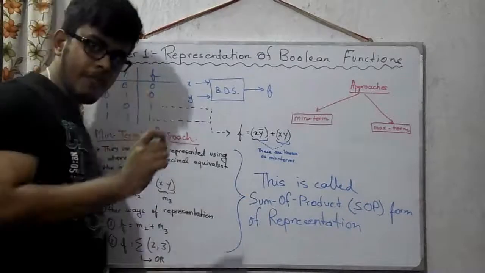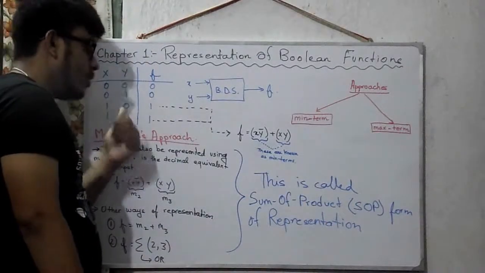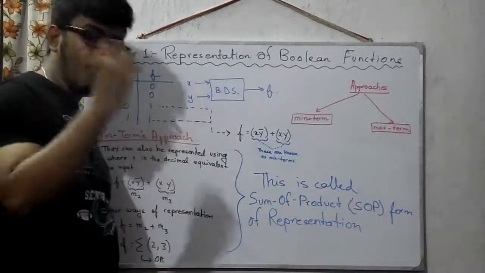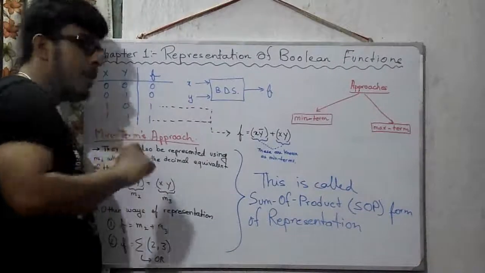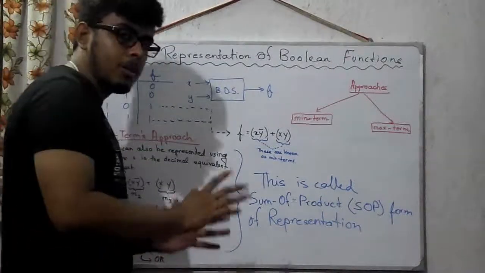If the input value is 0, we represent it using the complemented form, and if it is 1, we represent it using the uncomplemented form. I'm talking about the input side, not the output side.